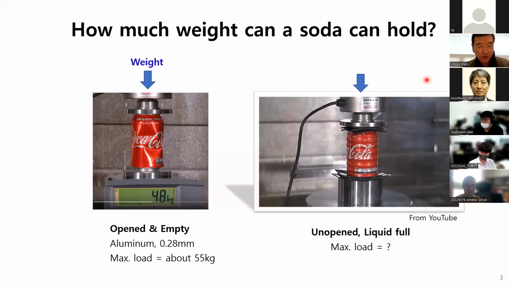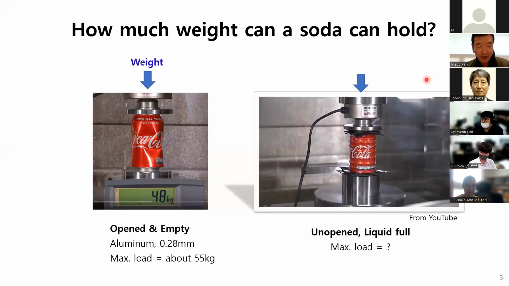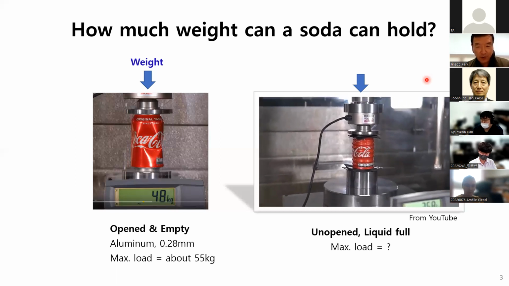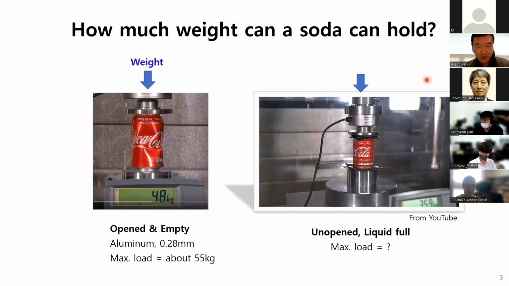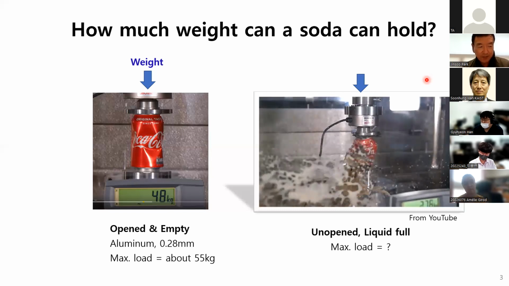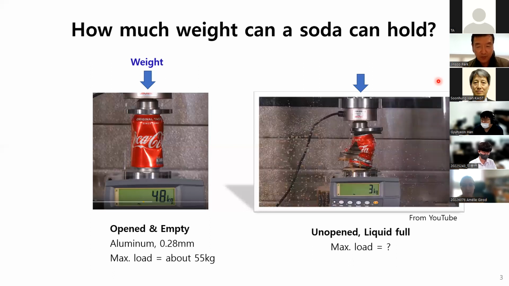Showing the deformed shape of the can just before it collapsed. That was really nice. And let's see the result. 360 kilograms, so way more.